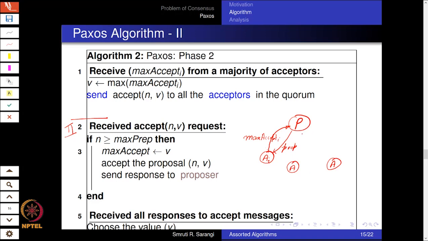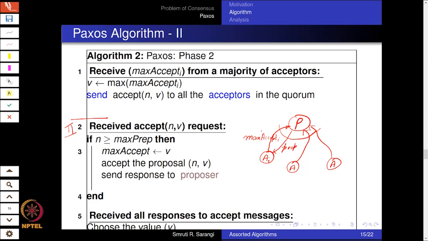So what the proposer will do is that after it gets back all of these max accept messages, it will compute the maximum of these messages, right? It will find the maximum value out of these and assign it to a variable v.